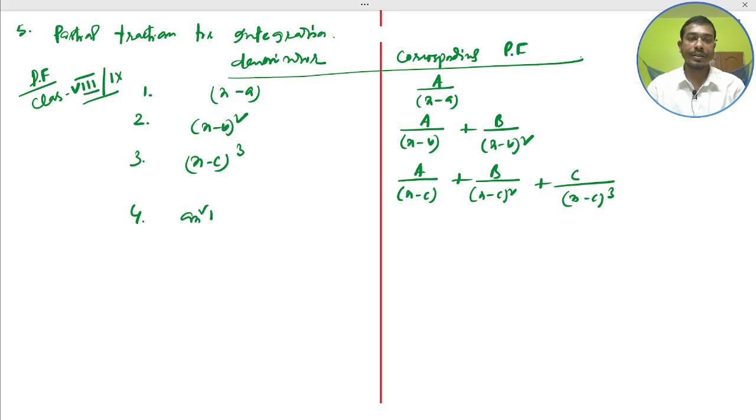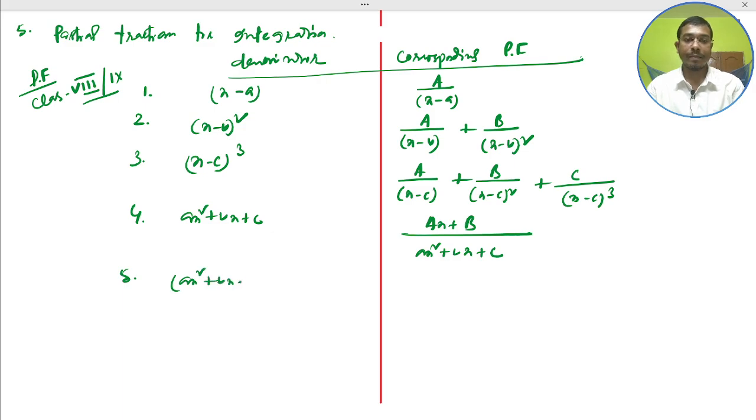Next, x square plus bx plus c, that is a quadratic polynomial, so the partial fraction would be ax plus b divided by x square plus bx plus c. Last, for x square plus bx plus c whole square, whole square means non-linear. This is called the non-linear biquadratic, the biquadratic meaning to the power 4, while the linear one is to the power 1.